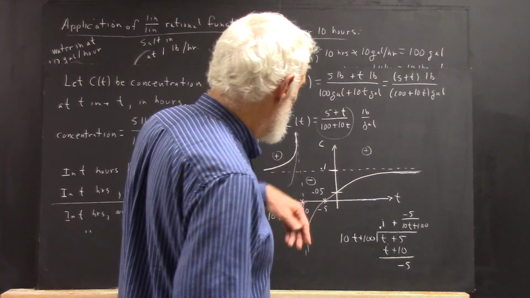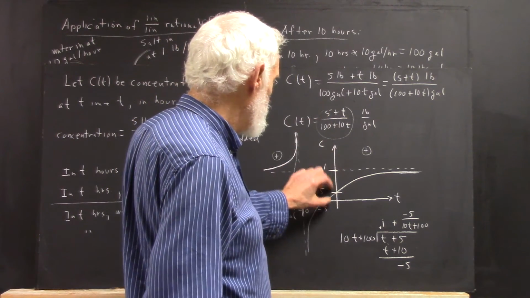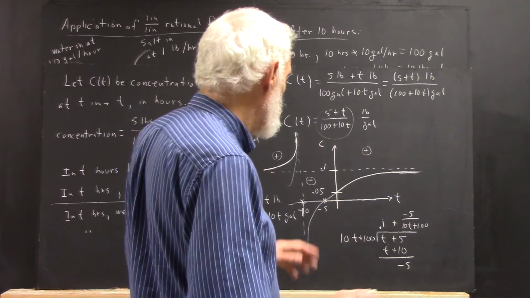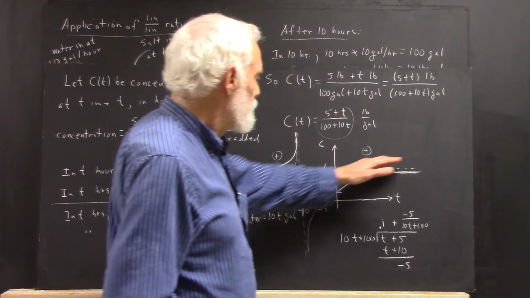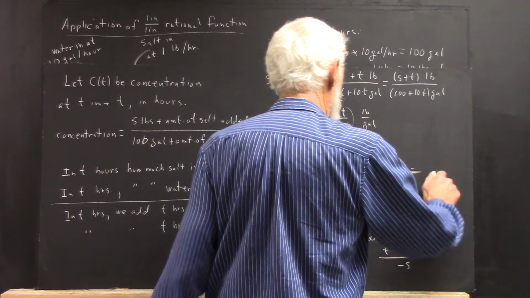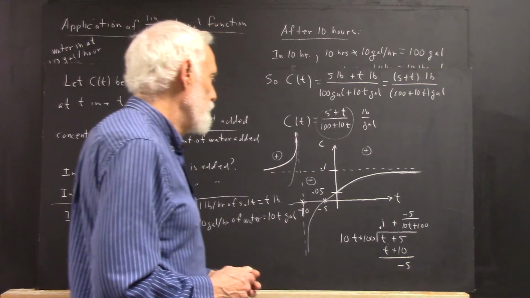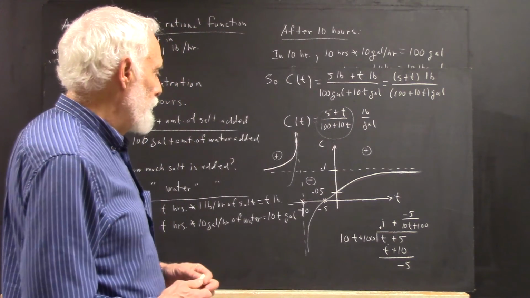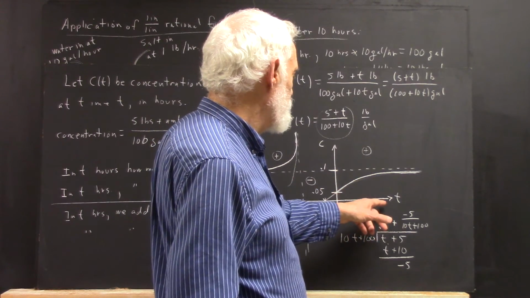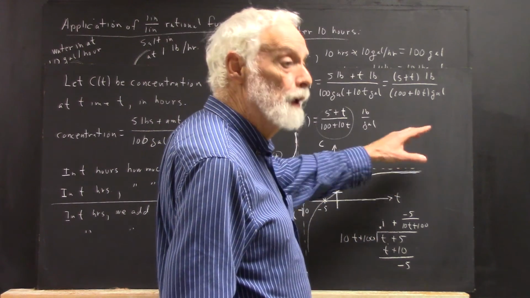And my graph isn't drawn to a very good scale now because 0.05 should be half of 0.1, but we can redraw it and make it look prettier. I'm probably going to ask you to do that. The graph is going to do this, and we see what's going to happen to the concentration. It's going to slowly approach 0.1. After 10 hours, it's going to be up to 0.075. Then after 20 hours, 0.0833, and so forth.